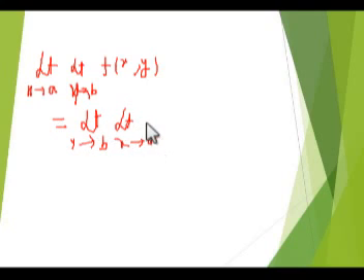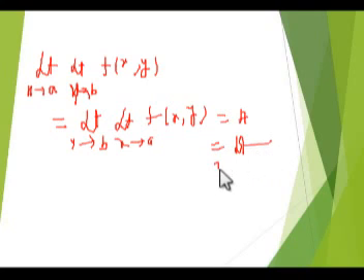Otherwise, generally iterated limits cannot be found equal. These are equal, and equal to the simultaneous limit, limit x tends to a, y tends to b. Very important theorem. Must remember.